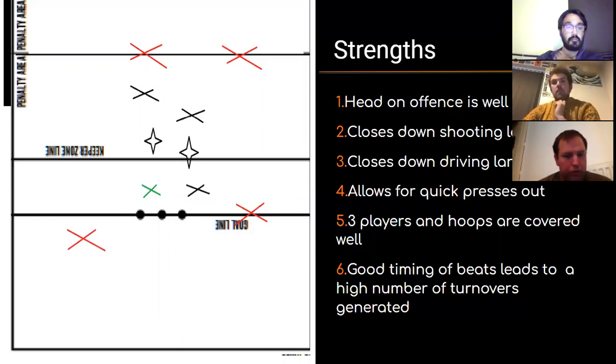Something I will say is if an offense is stalled, by stalled we mean it's lost momentum and it's going nowhere, and this defense is being played well, it's really, really difficult to restart a stalled offense, especially at maybe a less advanced level of play or a merc tournament.